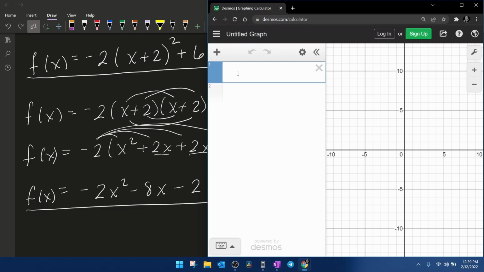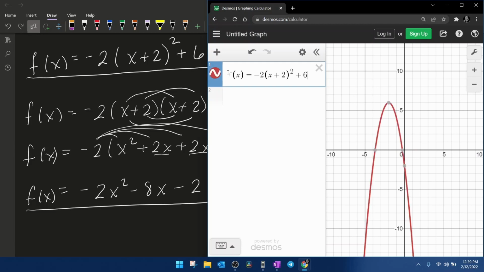So we're going to start by inputting this function, f of x equals negative 2 times x plus 2 squared plus 6, and there is the quadratic function in vertex form.